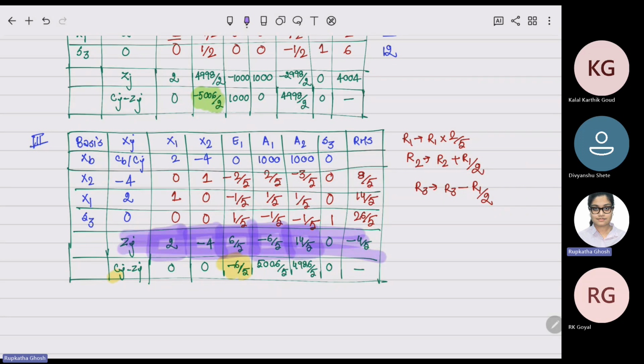So that means this is the direct effect that bringing x1 has on your value in the objective function. But you cannot simply take these values, right? 6 by 5 minus 6 by 5, 14 by 5, which is why we are also computing the indirect effect. This is just to see the direct effect of bringing the variable into the picture.